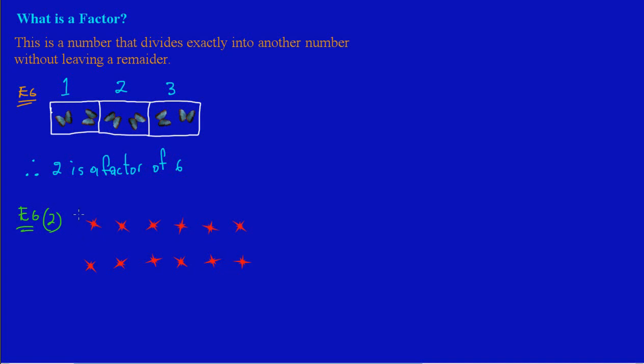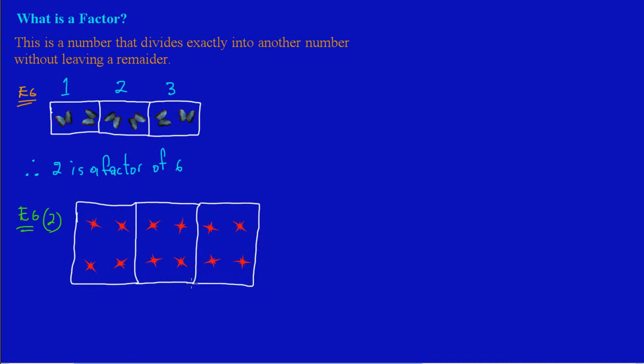This would be 1 set of 4, this would be another set of 4, and this would be another set of 4. Cool. So we can conclude that since we got 3 sets of 4's and we didn't have any leftovers, therefore 4 is a factor of 12.